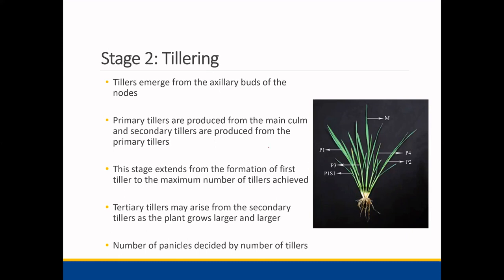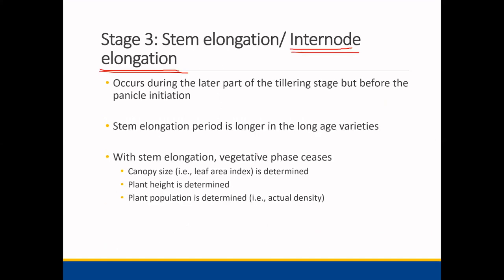Now these tillers need to expand, they need to grow in height. So how that increment can happen is through elongation. It occurs during the latter part of the tillering stage, but before the panicle initiation, because the next stage is PI. When we turn into PI, we are moving to the reproductive stage. So this is the last stage of the vegetative phase.